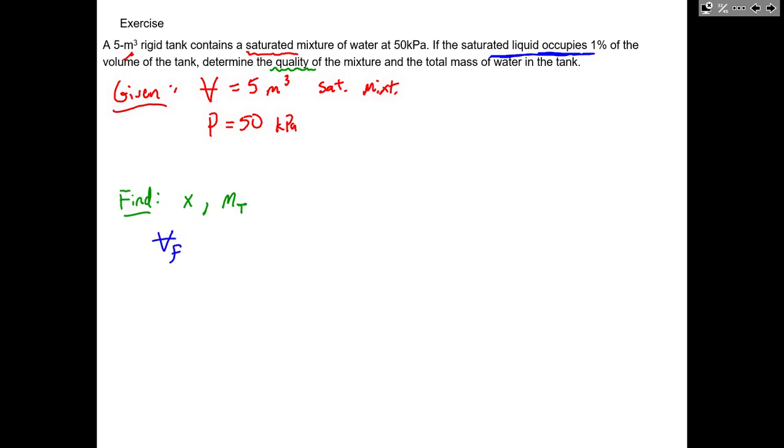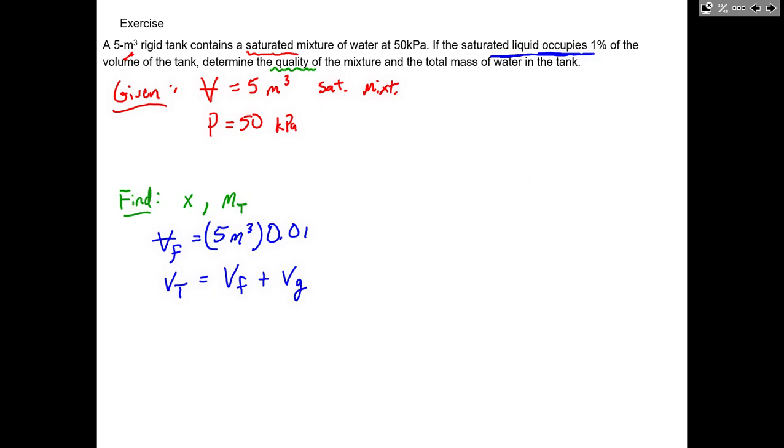So let's say there's our liquid, and I'm going to say something like 1% of that volume is occupied by our liquid. So if we think about our total volume, it is both our liquid and our vapor mixture here.